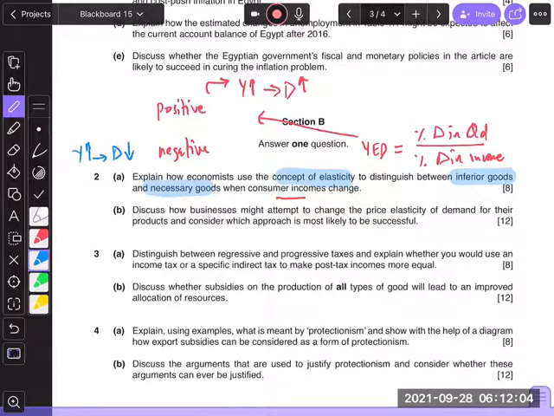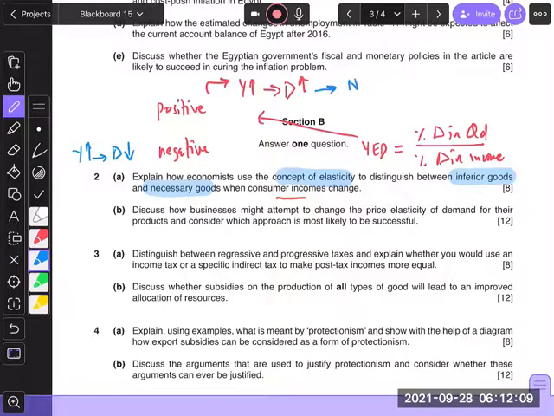So when you have a positive YED, when income goes up, demand goes up, we have what we call a normal good, right? And when your income goes up, demand goes down, we have what we call an inferior good, right? So we talk about this, that a normal good has a positive YED, and a negative YED is for an inferior good, where income goes up, demand goes down, and we can give examples as well, right?